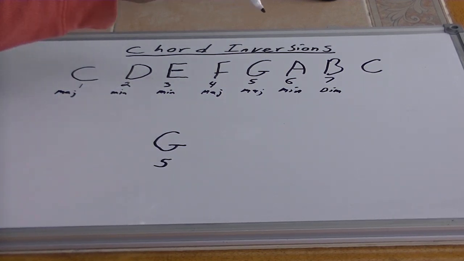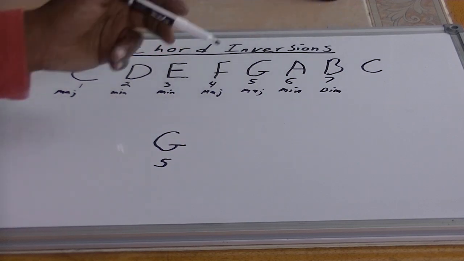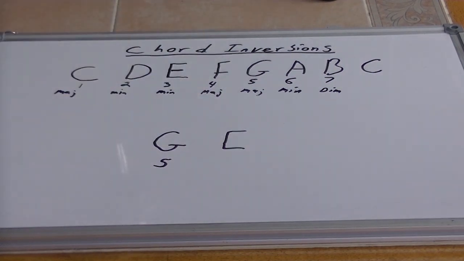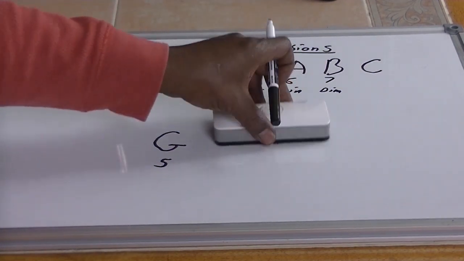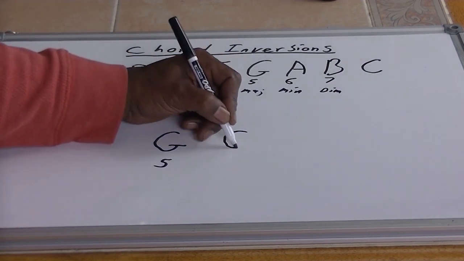Then we're going to do the same thing that we did with the other chords. We're going to proceed upward in pitch until we come to the C note here, the octave C that I have the number 1 written next to.